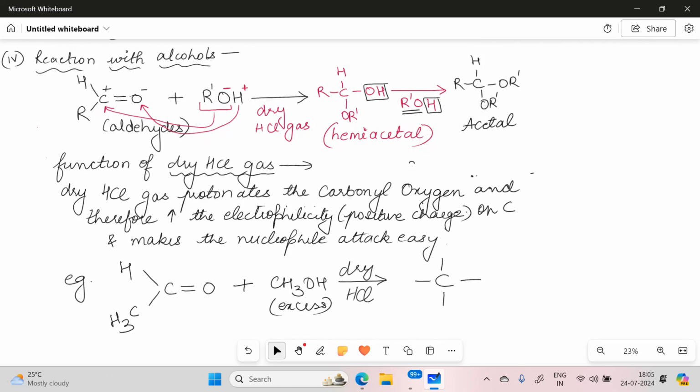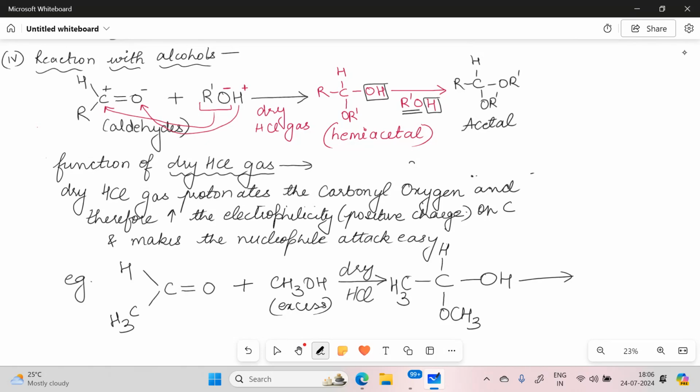Okay, CH3OH. Using dry HCl gas, we get on top H, on the right side OH, bottom OCH3, and on the left side CH3.